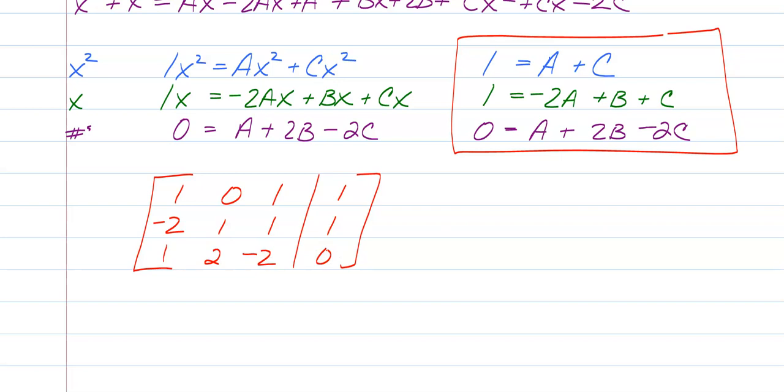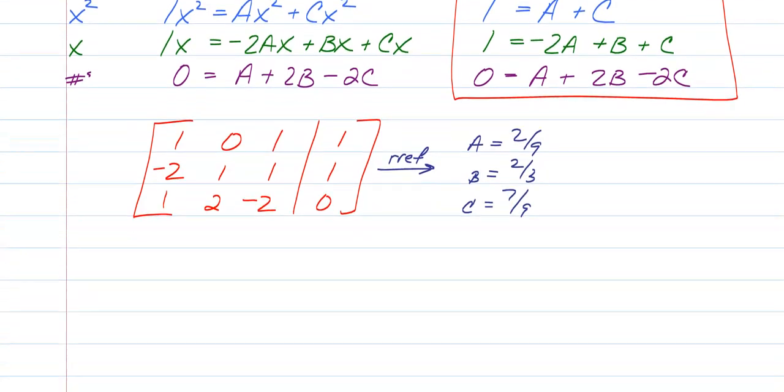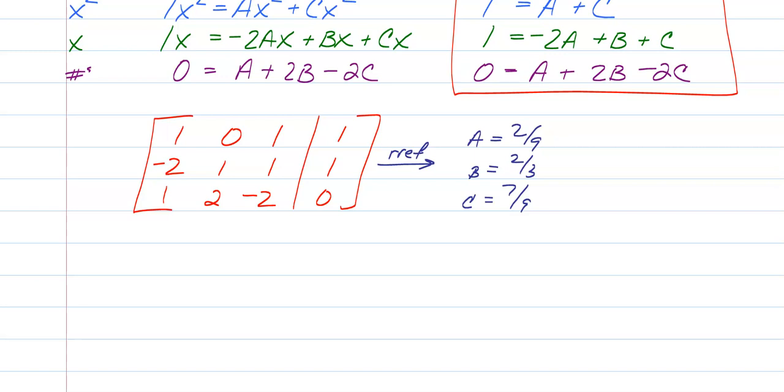Now from there, we're just going to use our graphing calculator. We're going to type that into the graphing calculator, do our RREF, and we're going to end up with a is equal to 2/9, b is equal to 2/3, and c is equal to 7/9. To write our final answer for this problem, all we have to do is go back to what we had on top.